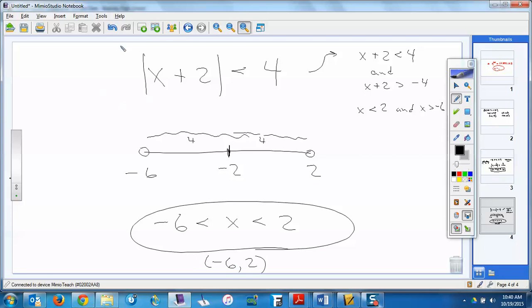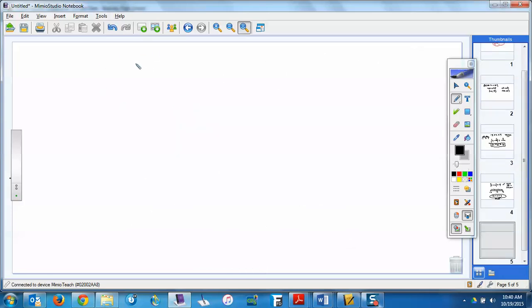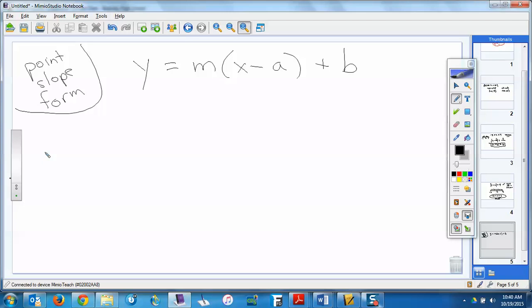Okay, let's go on to Appendix C. The thing that was applicable here, for those of you that were gone last time, is point slope form. Again, if you were gone, you want to watch the video, but we did that thing with the door opening.